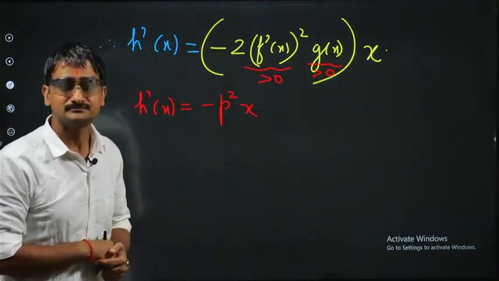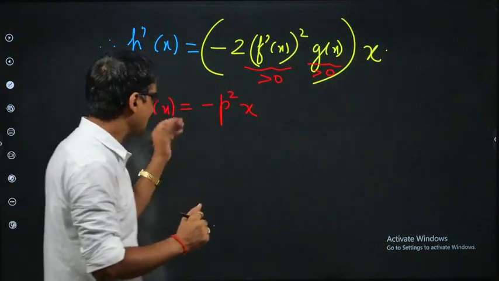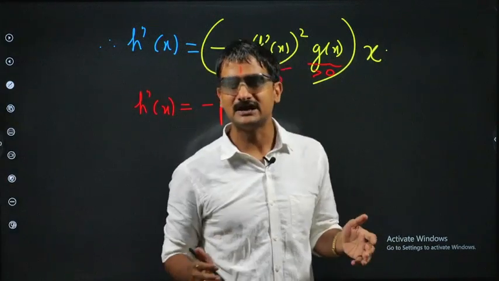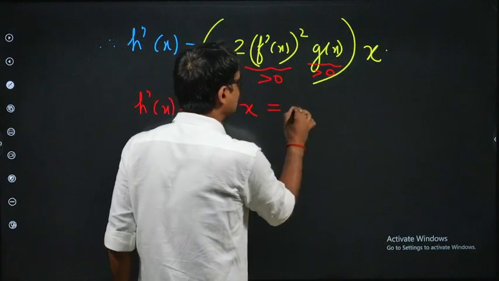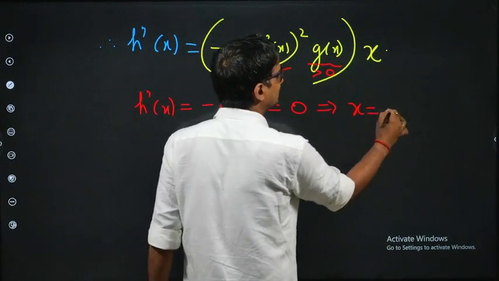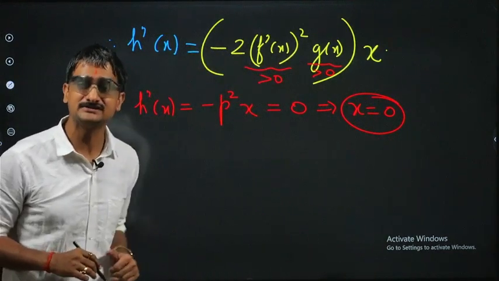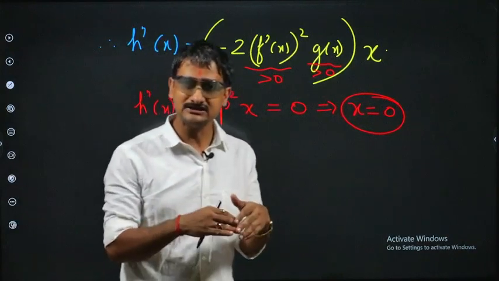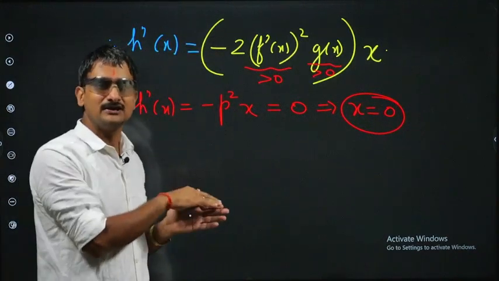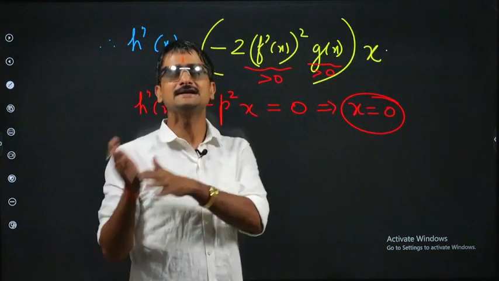Now for maxima, if you have h dash x, we need to check its sign, at which point it's 0. So this is 0 at x equal to 0. How does the sign of h dash x change when we move from the left side of 0 to the right side of 0?